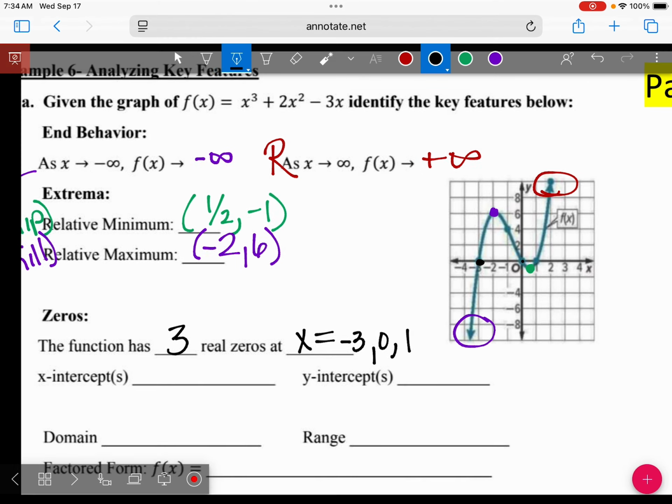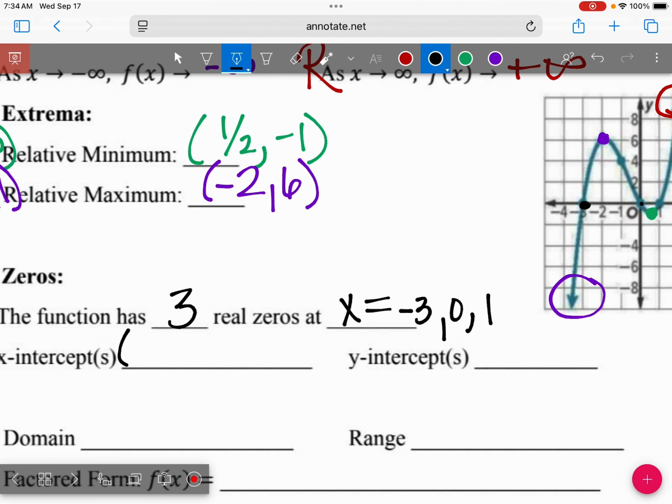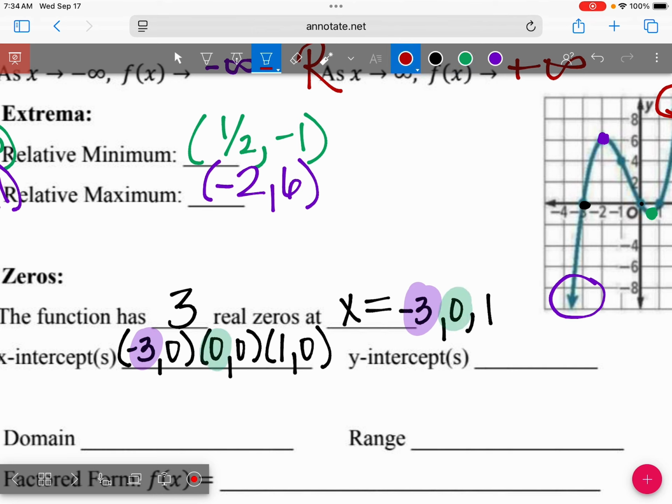Now, when it asks you to write it as an x-intercept, that just means we write them as an ordered pair. Same numbers, but we write it as an ordered pair. That's the difference between the two. It's the same 3 places, but this one I wrote as an ordered pair.